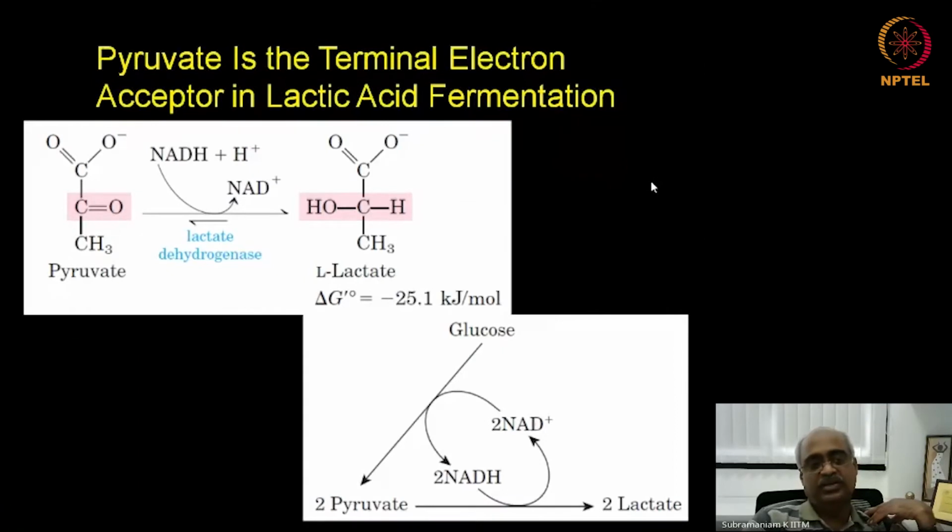So now we are going to look at what actually happens to pyruvate. From glucose to pyruvate, we have some oxidation. An easy way of finding out the oxidation state of the carbons in a molecule is simply to look at the hydrogen-to-carbon ratio.